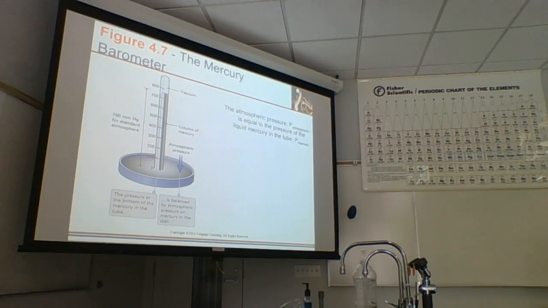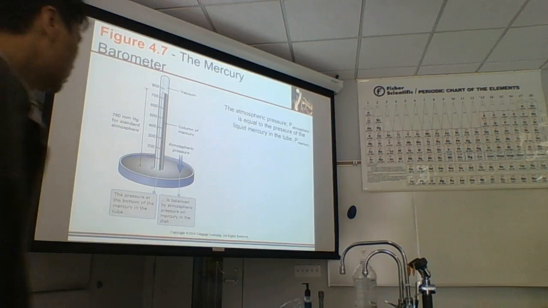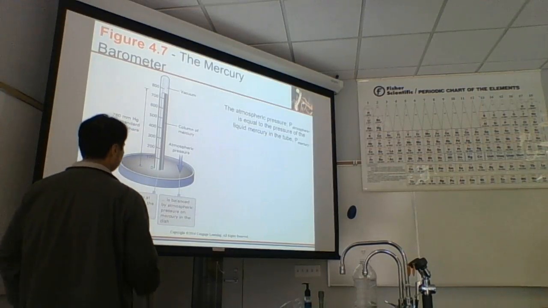Lead is about halfway between water and gold, right? 11 grams. What's the density of mercury? Is mercury closer to gold or closer to water compared to lead? Closer to gold. Mercury's density is about 13.